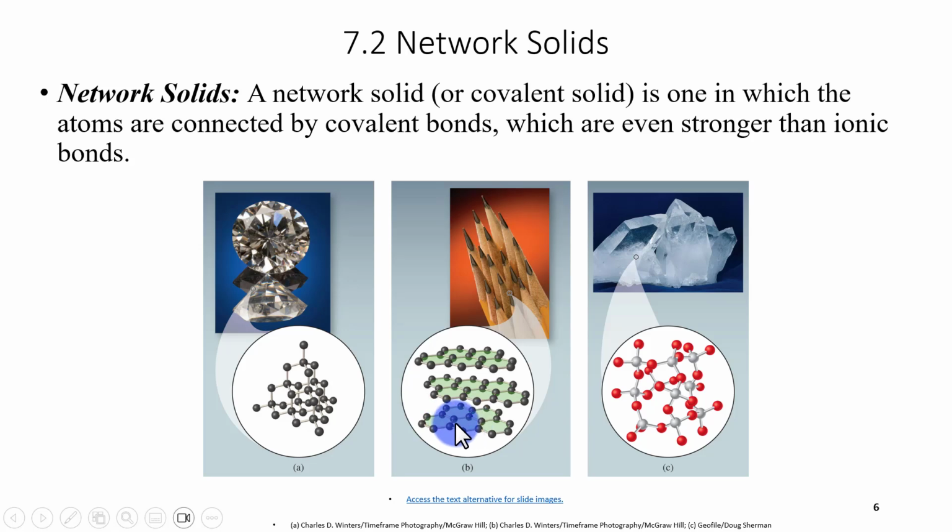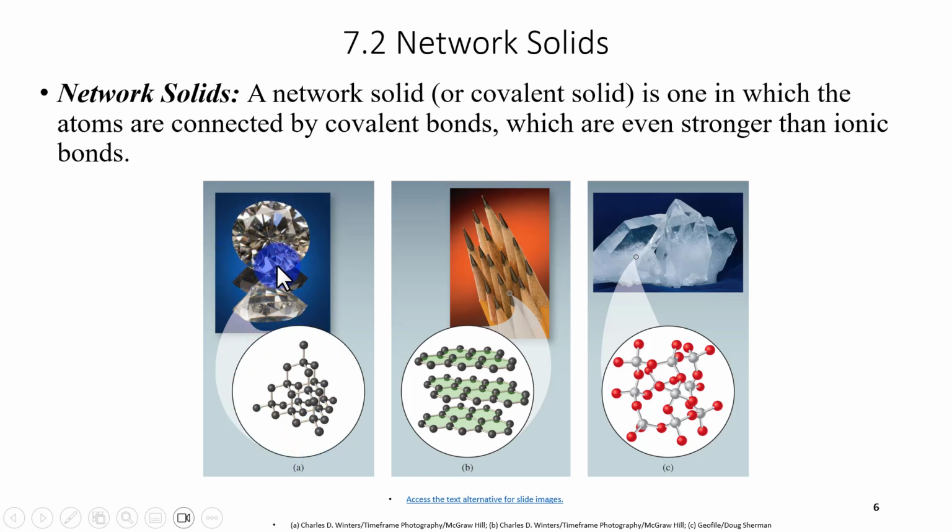Here we have sheets of covalently bonded carbons, but the sheets themselves are not covalently bonded. They're just interacting with each other because we have dispersion forces between them, but they're not covalently bonded top sheet to bottom sheet. Whereas here, all of the carbon atoms are covalently bonded and they form these tetrahedral arrangements.